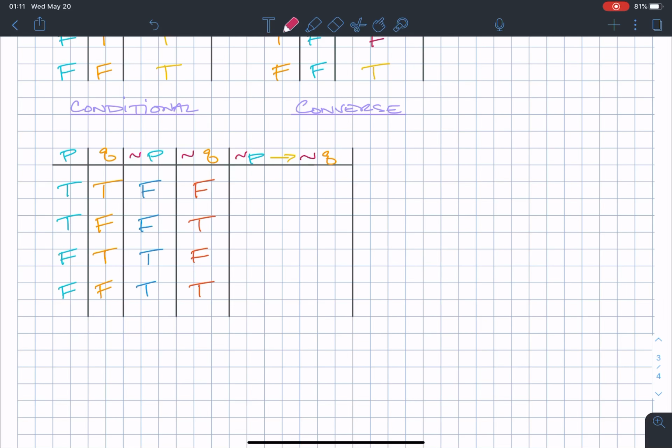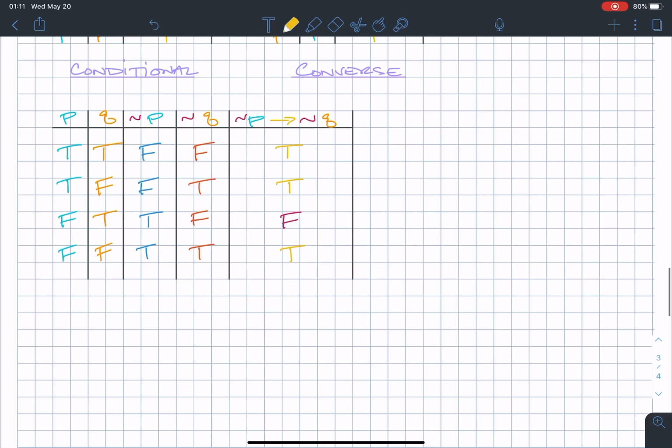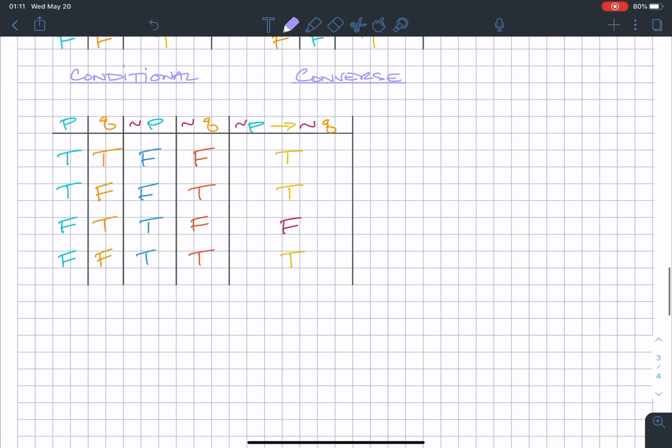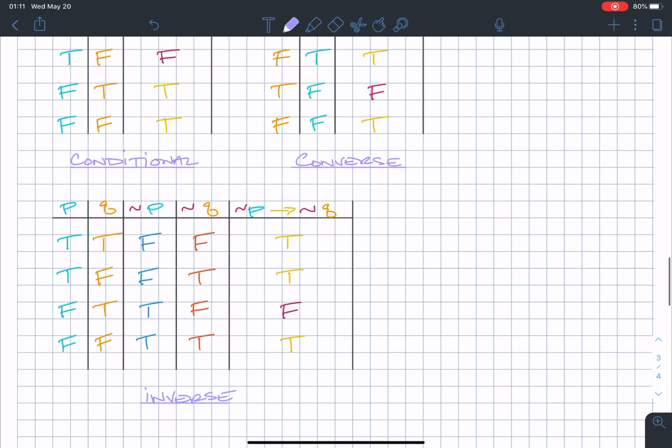So it's only going to be false here. Everything else, of course, will be true. Okay, so that was called the inverse. So I have the conditional, the converse, the inverse, and what's left? Well, that would be the contrapositive.